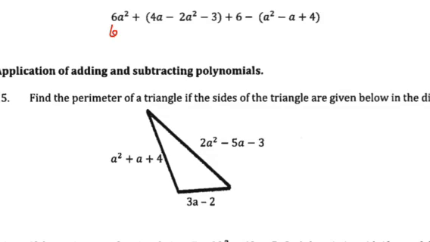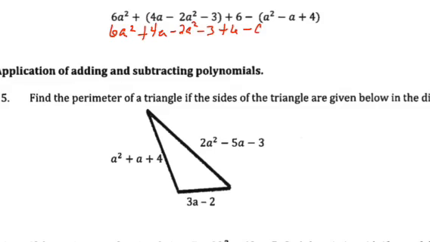So we have 6a squared plus, and we have a plus that's distributed to everything and it doesn't change the signs. So that's 4a minus 2a squared minus 3 plus 6. Now we have a negative sign that distributes, and it does change. It becomes the opposite sign for everything.